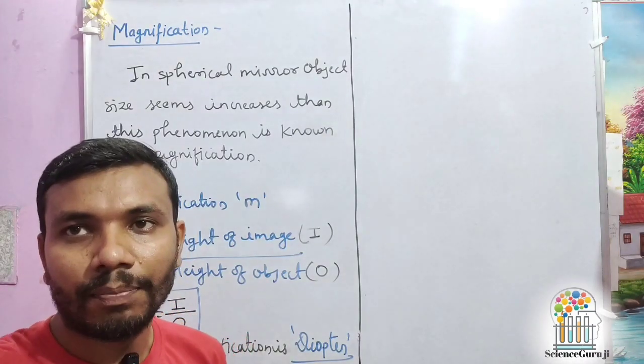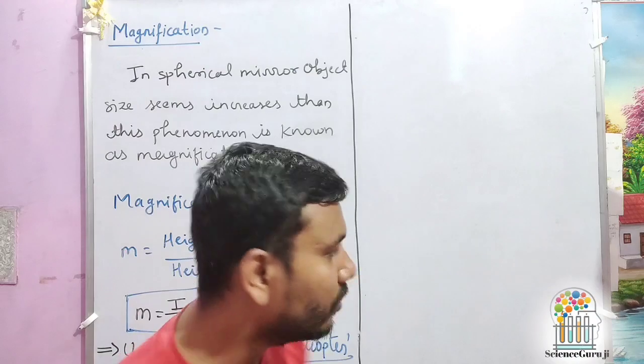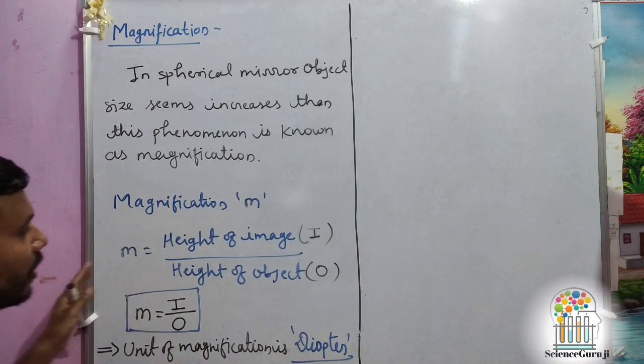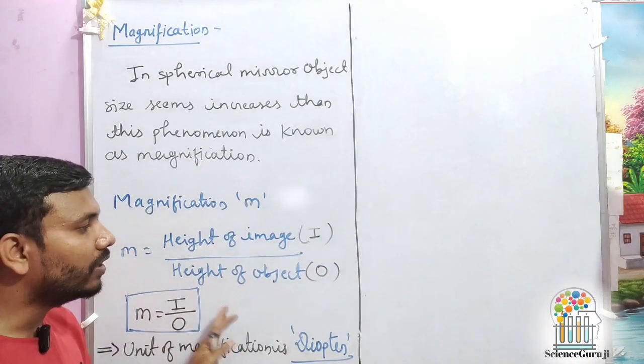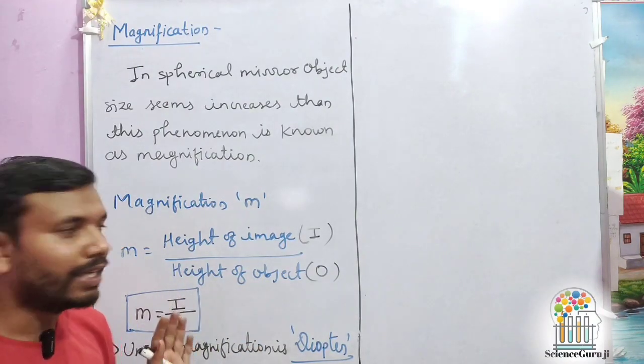Let's take one example. Before the example, one more thing I want to tell you: magnification is also correlated with the distance of the image and the distance of the object.